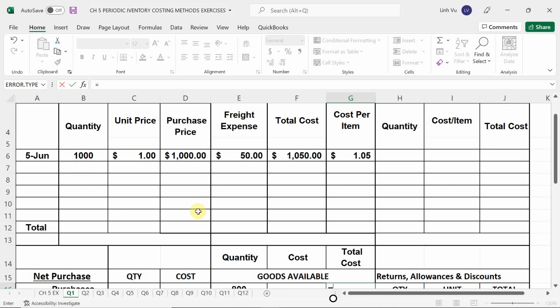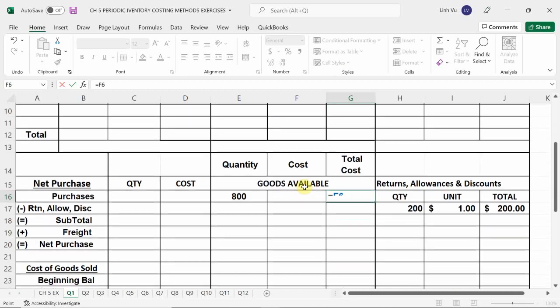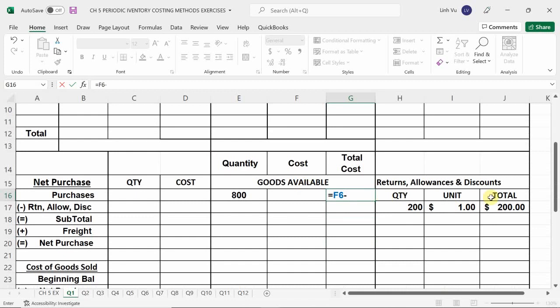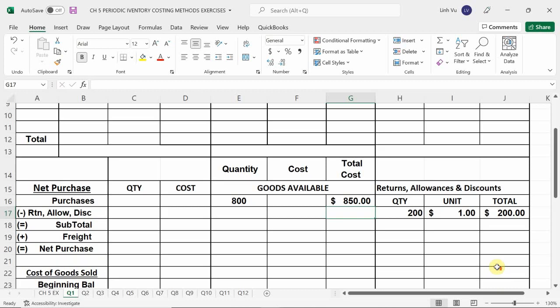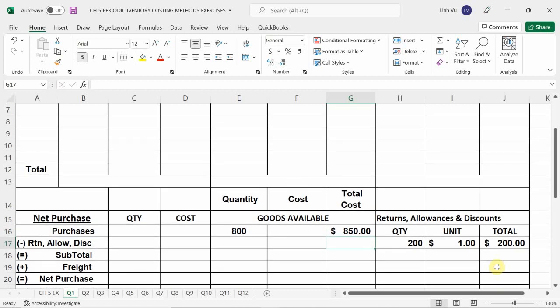So the easiest way to do it is to take your $1050 minus your return of the $200, and you're going to get $850, instead of doing the other way: 800 times $1 plus your freight of 50, 850. Same exact way to calculate the new total cost. So this is my new quantity and my new total cost.